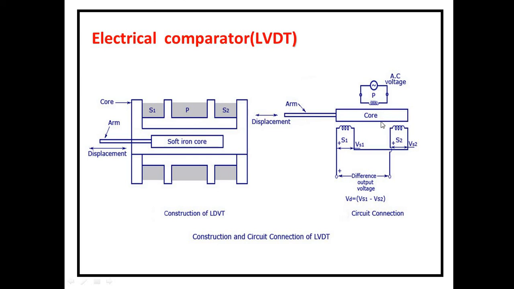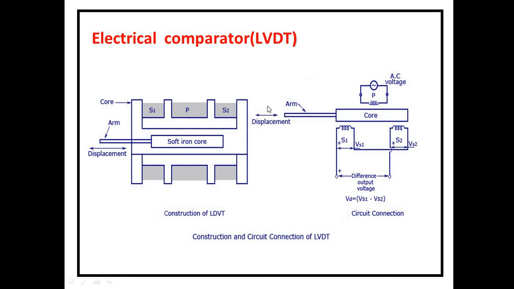So in this case, since the armature has moved towards S2, the voltage induced in Vs2 is more than the voltage induced in Vs1. So again there will be a net output voltage. This difference in the output voltage can be correlated with the displacement happening at the input.